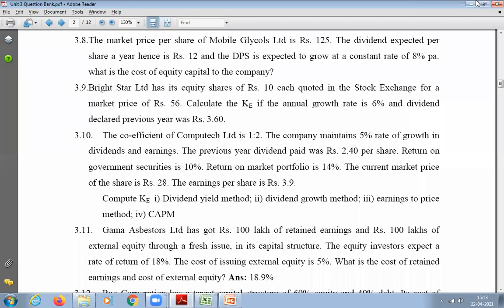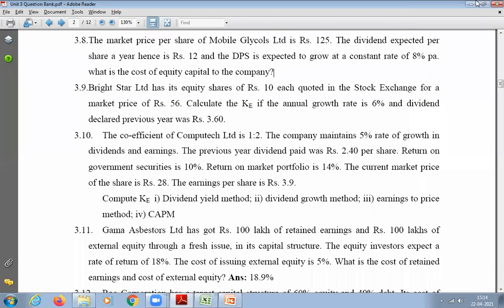Based on the data given, he has given you the market price per share, that is 125, and the dividend expected a year hence of rupees 12, and DPS, that is dividend per share, is expected to grow at a constant rate of 8% per annum.